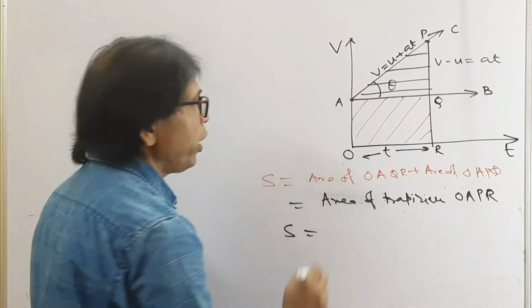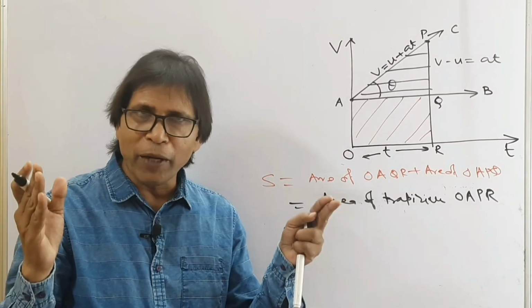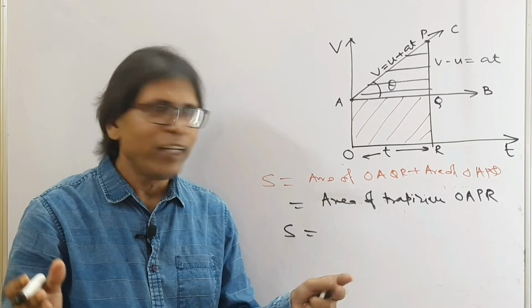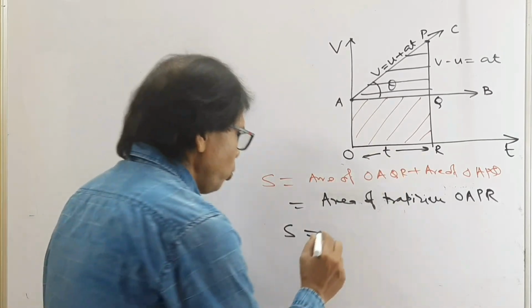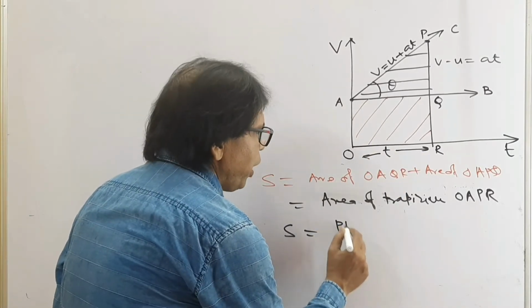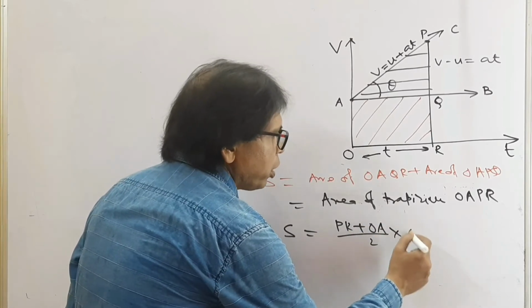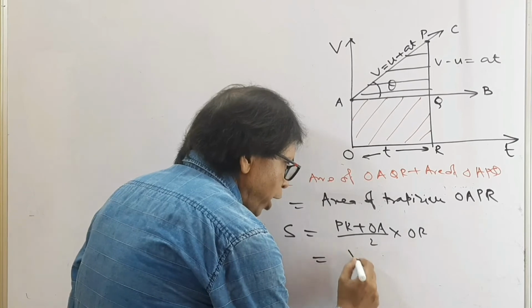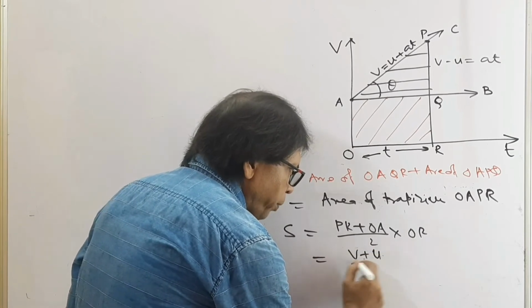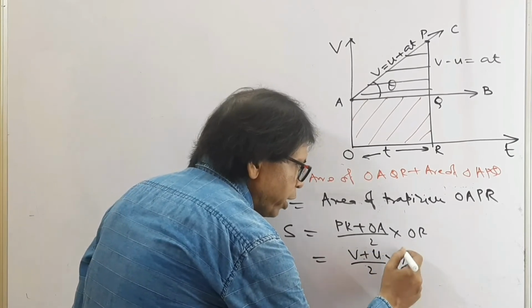So s equals the area of the trapezium, which is the sum of parallel sides divided by 2 into the distance between them: (PR plus OA) divided by 2 into OR. Now PR equals v, OA equals u, and OR is t.